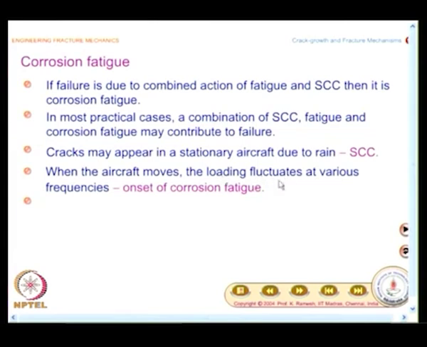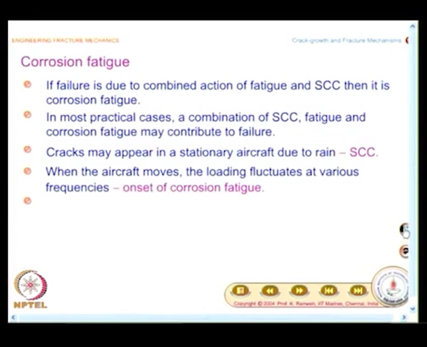In random vibration studies, they really look at what way the terrain is and how the random loading is taking place and so on and so forth. It is one of the very important problems that they study, the loading fluctuations. And what we look at here is combination of loading fluctuation with existence of a crack will lead to onset of corrosion fatigue.